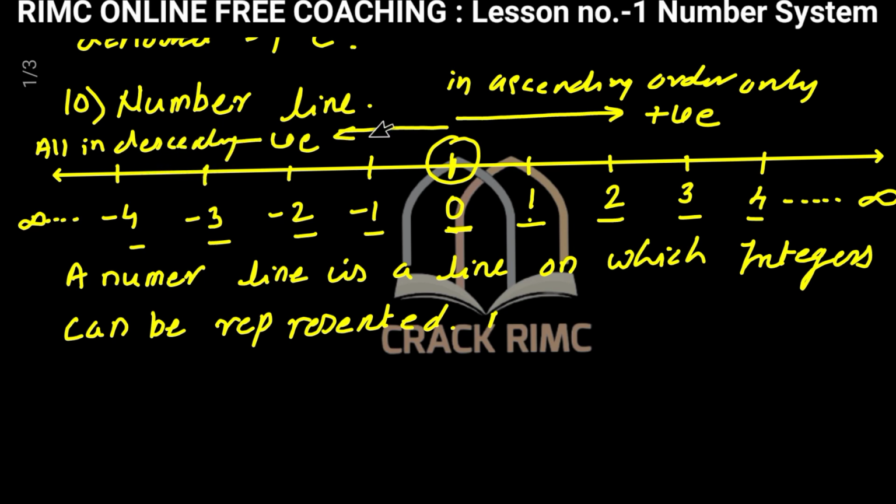So towards the right it will go in ascending order, towards the left it will go in descending order, because when you put a minus sign the value of that number decreases, and on the positive side the value of the number increases. Okay, this number line is used to find the value between any two numbers.